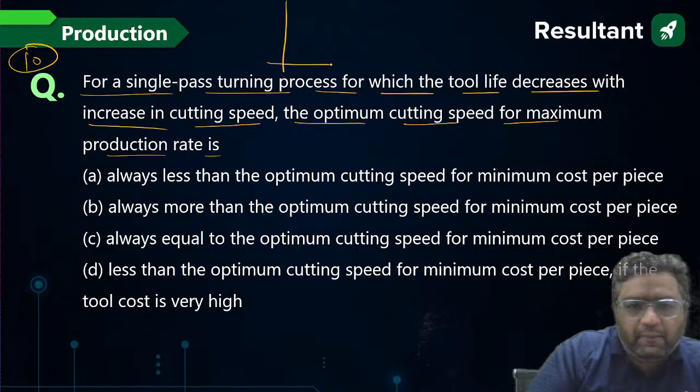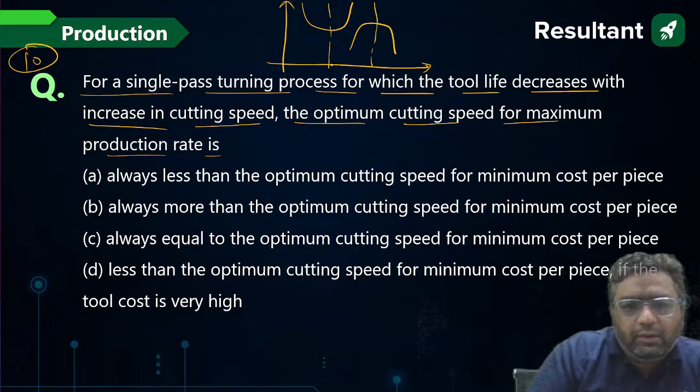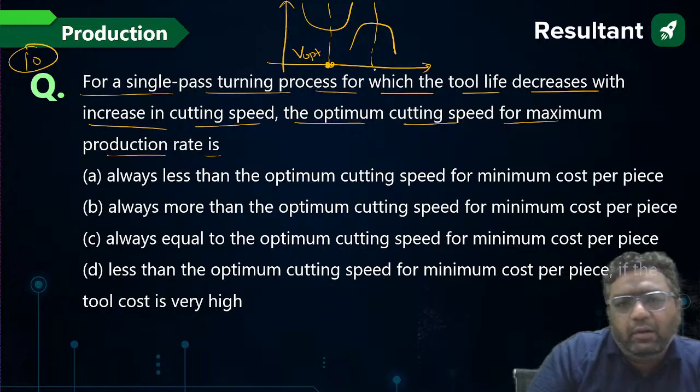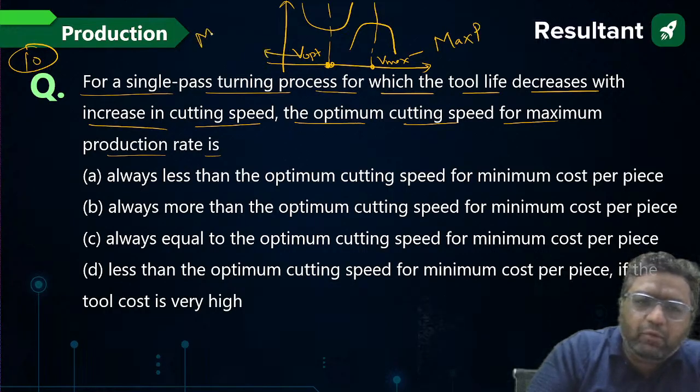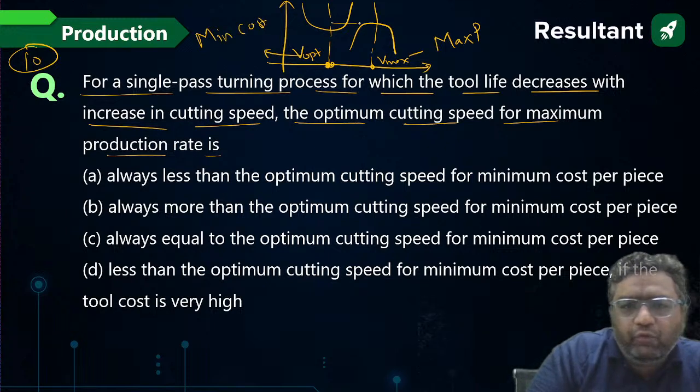So, dear, if you remember, we are having this type of graph and this type of graph. This was the optimum speed and this was the maximum speed. Maximum speed is for maximum production. Optimum speed is for minimum cost. There were two criteria. And I told you we shall operate in this range.